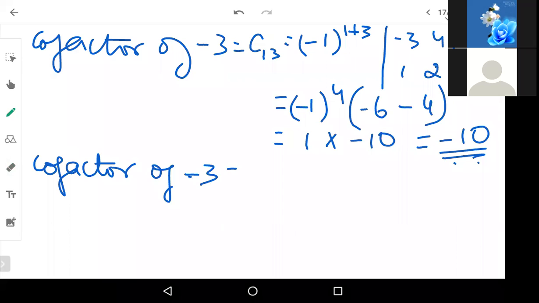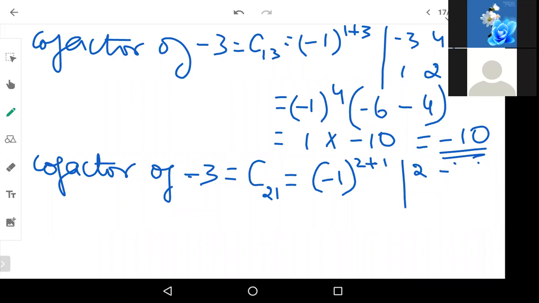Minus 3, that will be second row, first column. So minus 1, 2 plus 1. And then, yeah, now it is for minus 3. If you take out, it will be 2, minus 3, 2 and minus 1. Correct. So again, cofactor of minus 3 is minus 4.